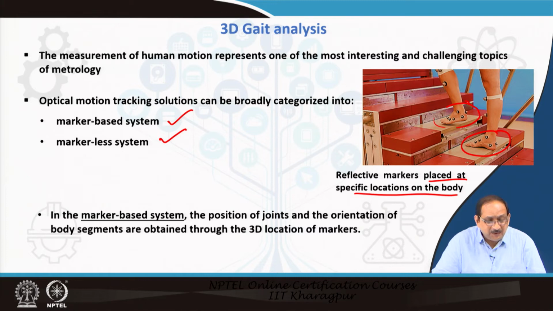Now, instead of directly tracking a body posture, these systems work by identifying common marker features in consecutive images, which are used to track the motion of the body.